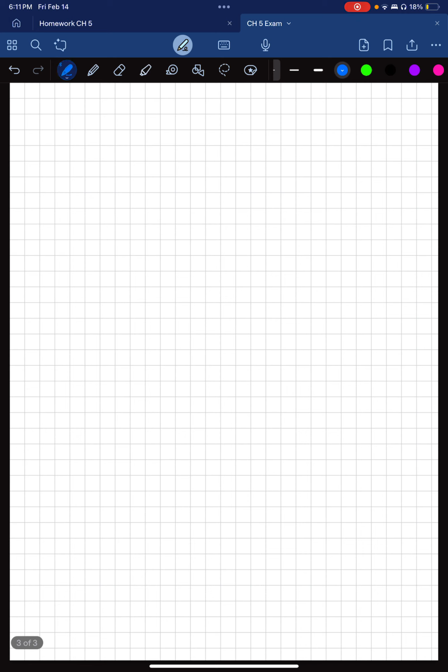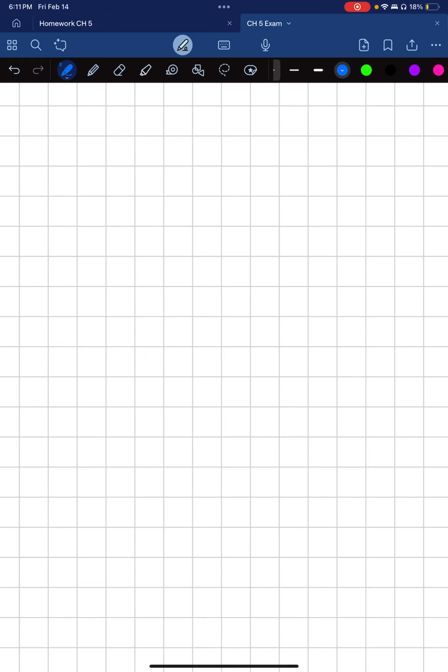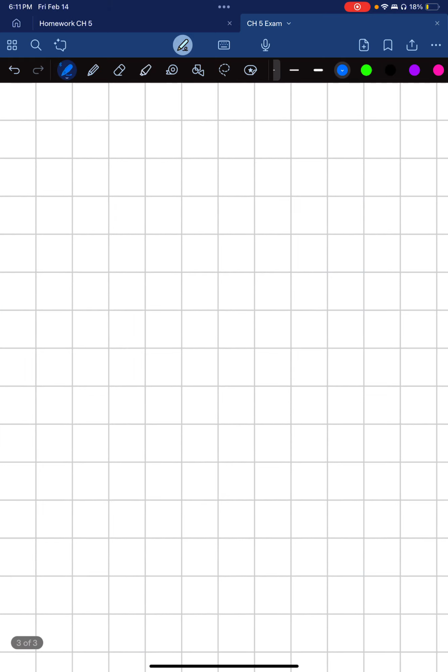Let's see what the next question says. Part F. With this choice of angle, what will be the tension in the cable? So now we have the angle, and let's look for the tension. We have the formula for tension. Let me write it down. Tension will be mass times gravity.